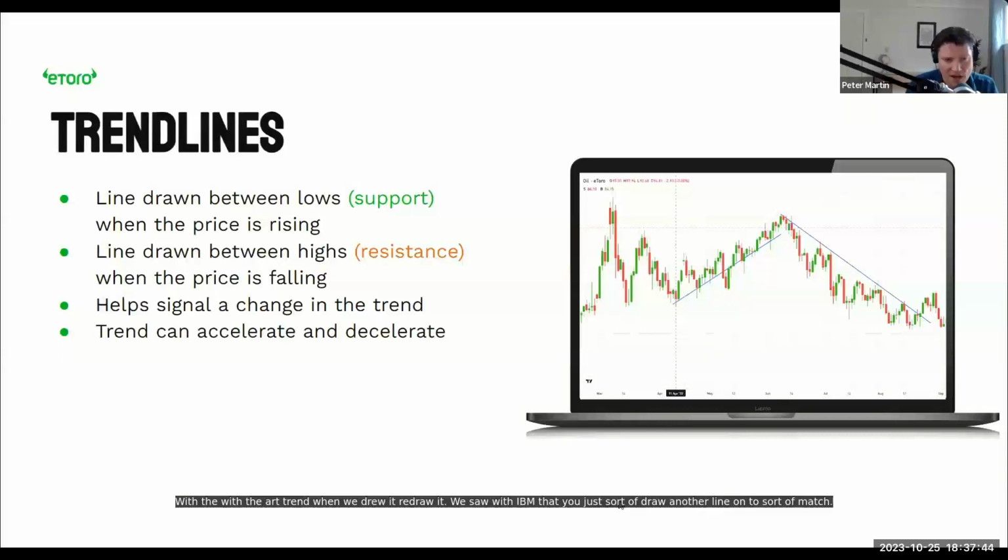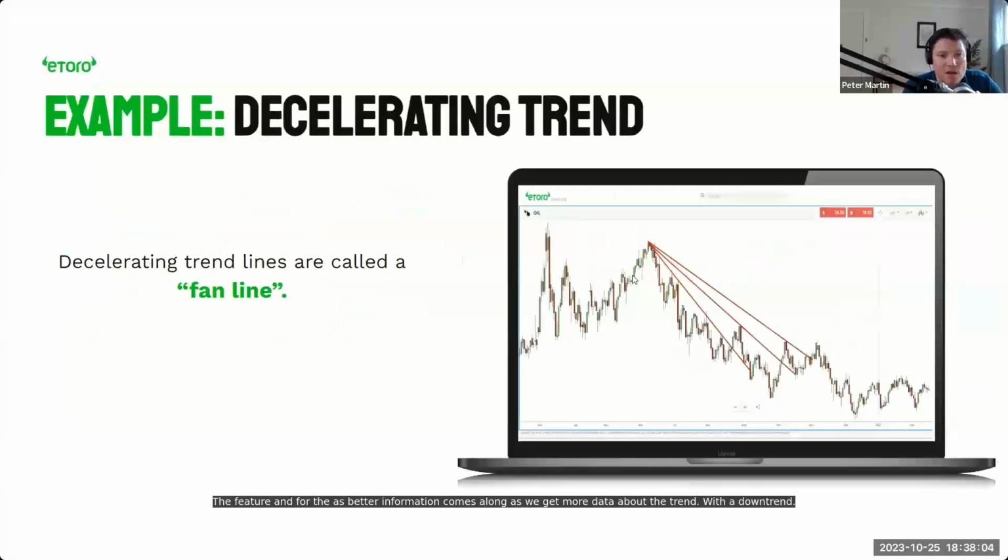With the uptrend, when we redraw it, we saw with IBM that you just draw another line on to match the future as better information comes along, as we get more data about the trend. With a downtrend, when we have deceleration lines, we call it a fan line. It's because we basically create this kind of fan pattern that you wouldn't get with the uptrend.